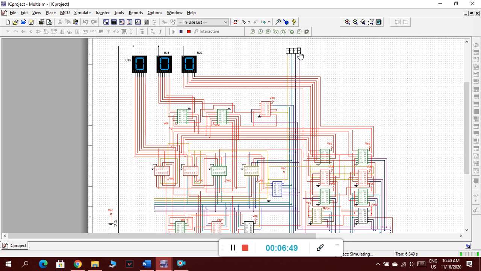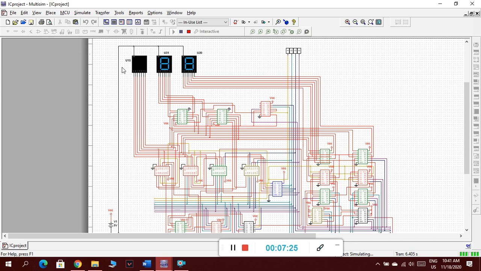So we have an input of 1, and then 2, 3, 4, 5, 6, 7, 8.